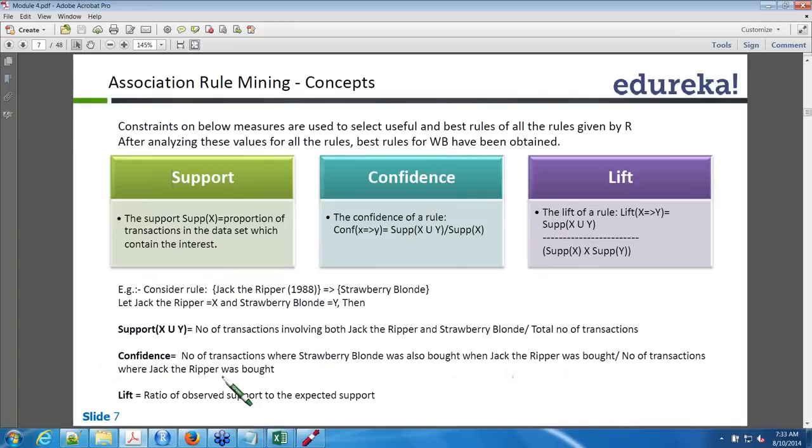And confidence is the number of transactions divided by the total number of transactions. For example, a product is coming 10 times, but the total transactions that happened on that day is 1000.